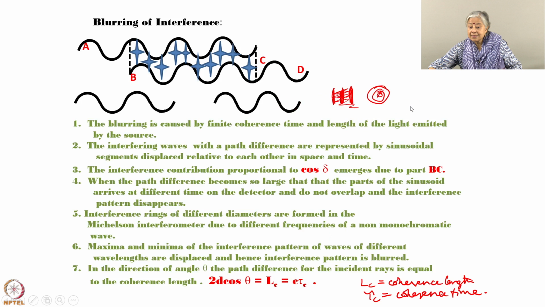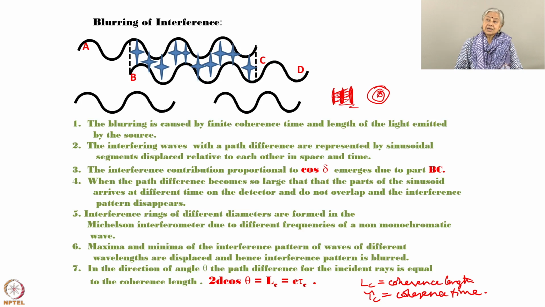So, the coherence length, which I was describing before, I then connected with a Michelson's interferometer experiment. So, the coherence length and the coherence time seem like an abstract idea, but you see the consequence of the coherence length and coherence time in your fringe pattern or the circular fringes.